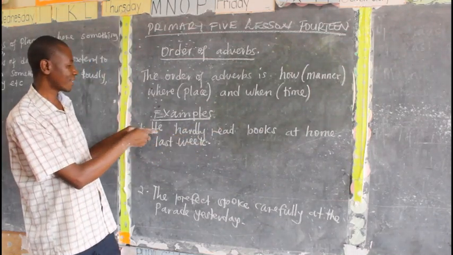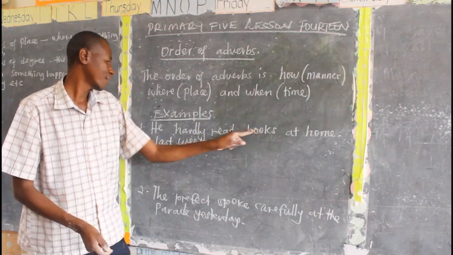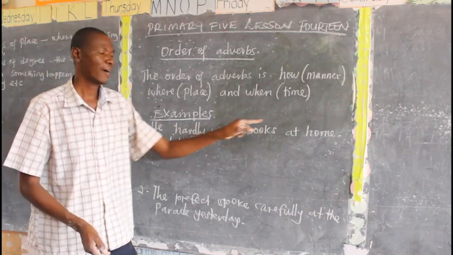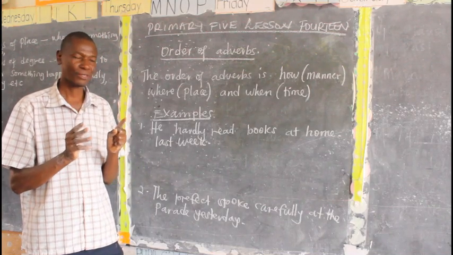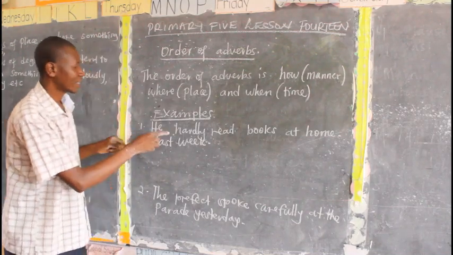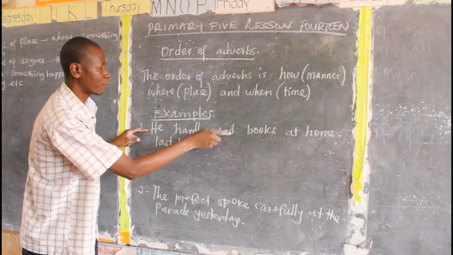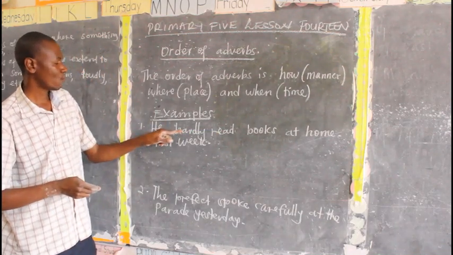This is the correct sentence. If you come and say, he read books last week hardly at home, you have already failed the order of adverbs.